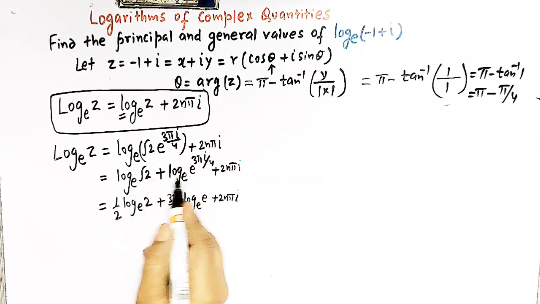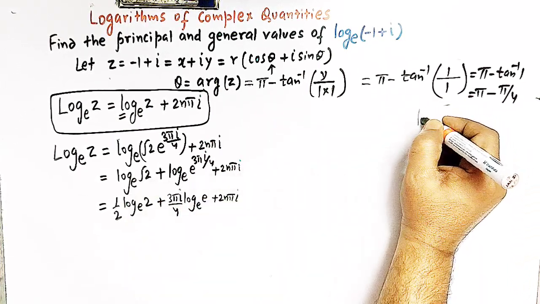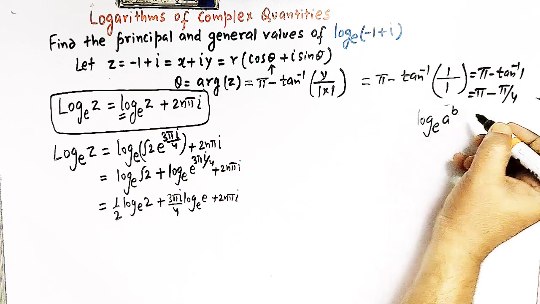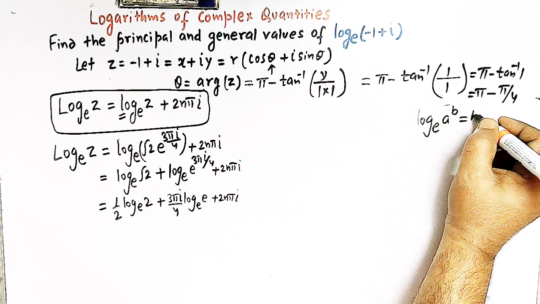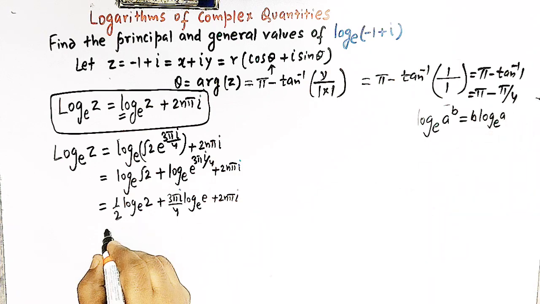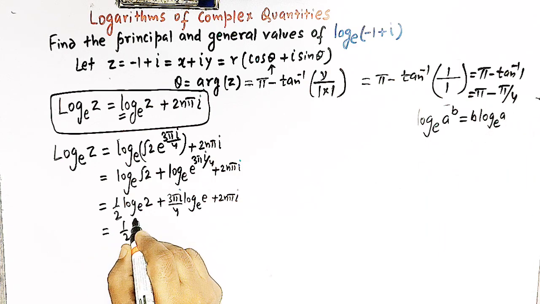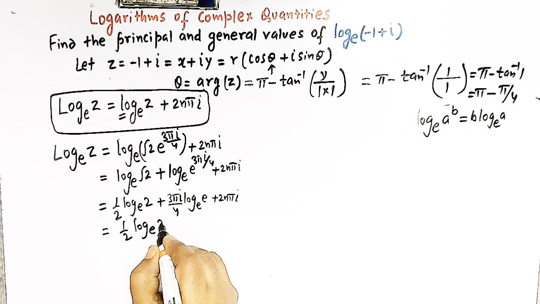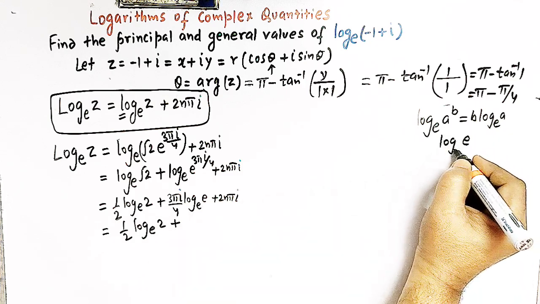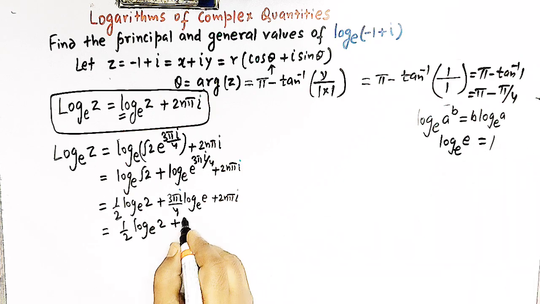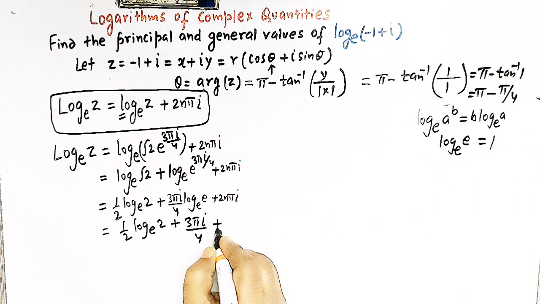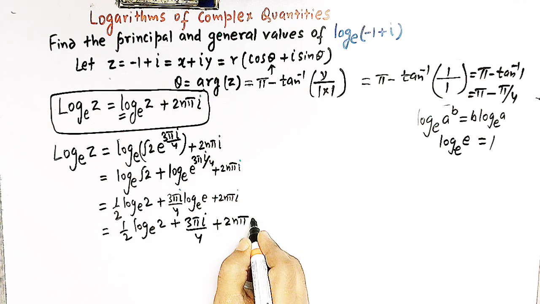So in these two expressions, we have used this result, that is log a raised to b is given by b times log of a. So now here we have half log of 2, and log of e to the base e is 1. So here we have simply 3 pi I over 4 plus 2n pi I.